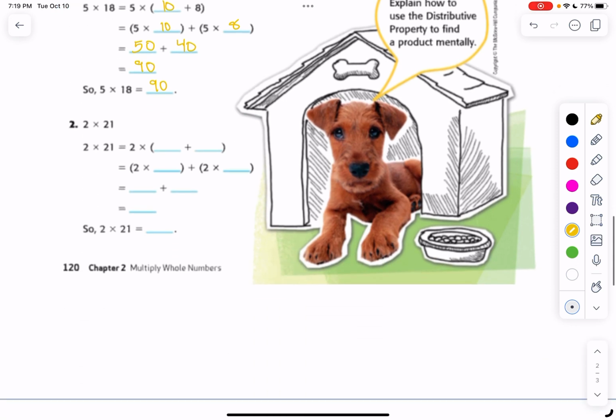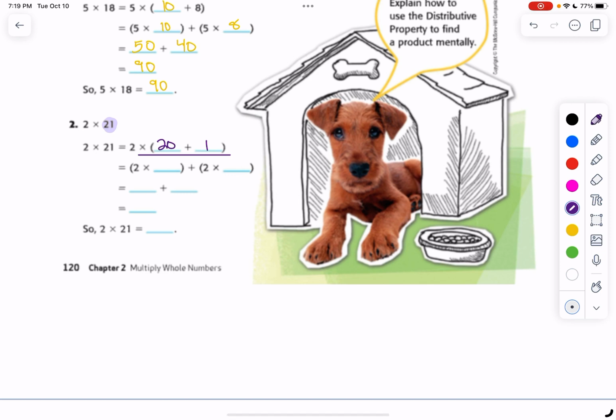Let's do another one. 2 times 21. Let's break apart 21. And we will write that as 20, 2 tens, plus 1. So we have 2 times the quantity of 20 plus 1.